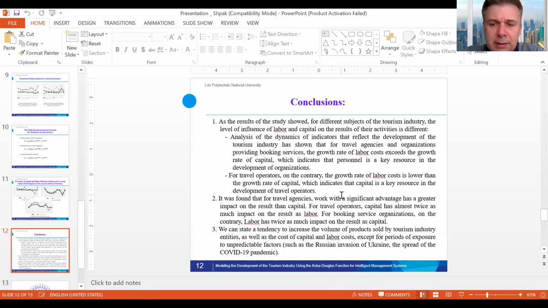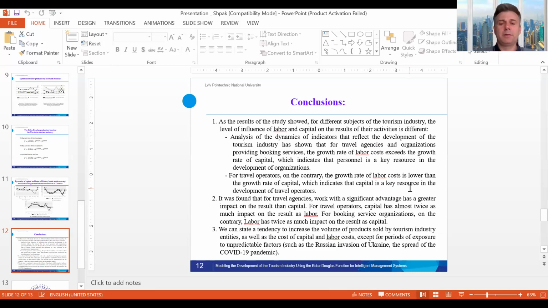Analysis of the dynamics of the indicators that reflect the development of the tourism industry has shown that for travel agencies and organizations providing booking services, the growth rate of labor costs exceeded the growth rate of capital, which indicates that personnel is a key resource in the development of the organization. For travel operators, on the contrary, the growth rate of labor costs is lower than the growth rate of capital, which indicates that capital is a key resource in the development of travel operators.